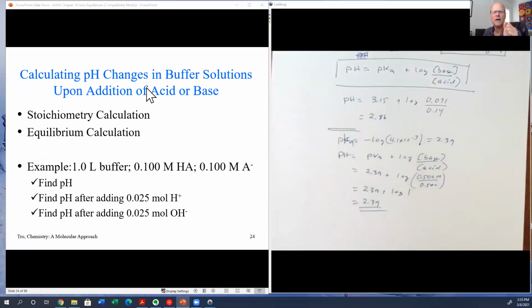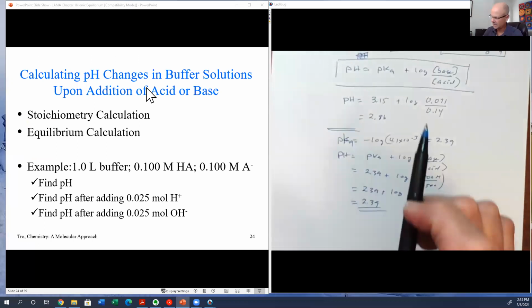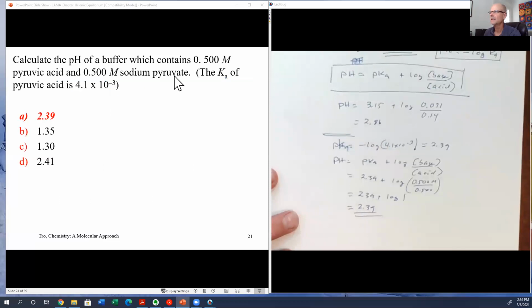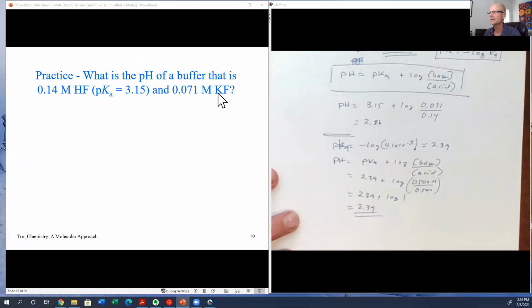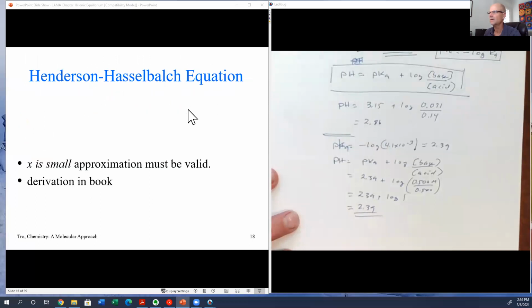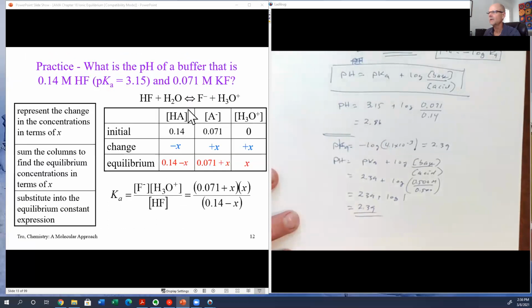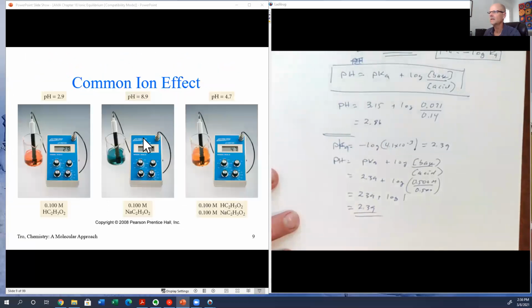So what we should be able to do now is say, aha, I see you, buffer, and I know how to calculate your pH. How do you recognize a buffer? An acid and its conjugate base. Like here, acid, conjugate base, or here, acid, conjugate base, or this problem that I showed you at the very beginning, here, acid, conjugate base.